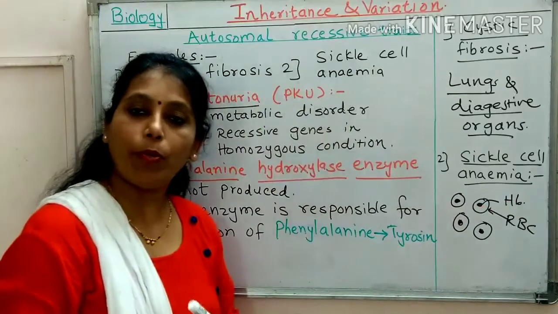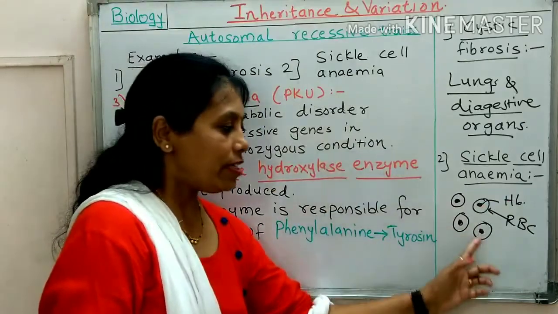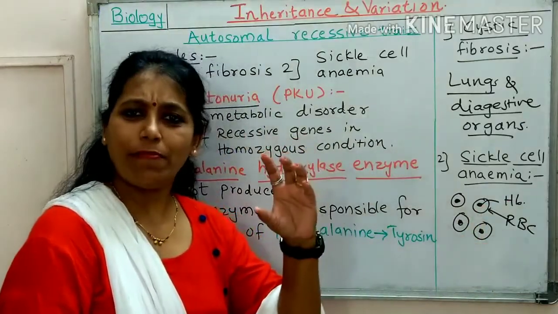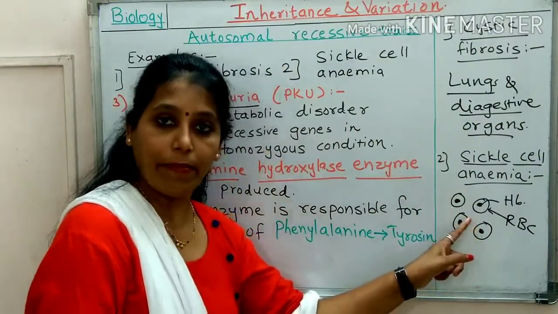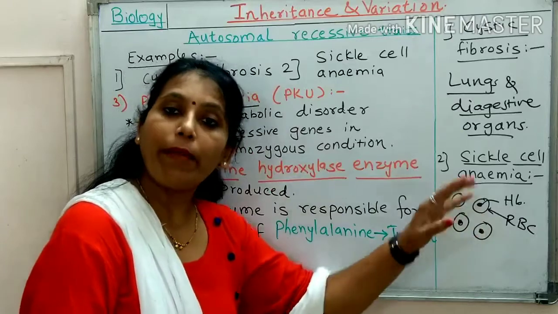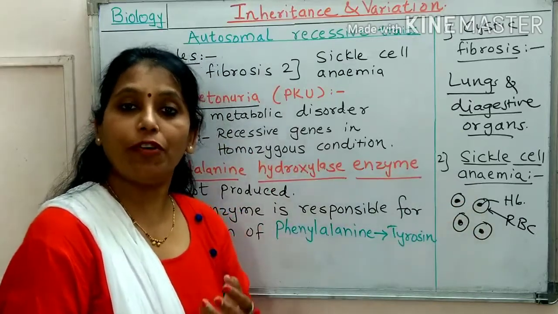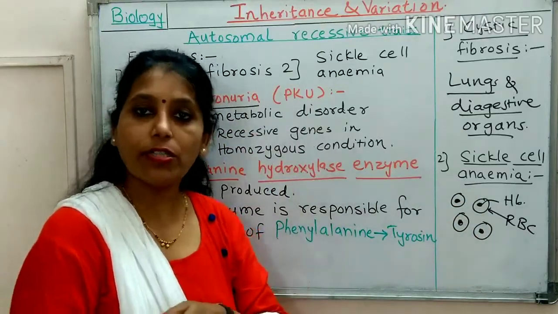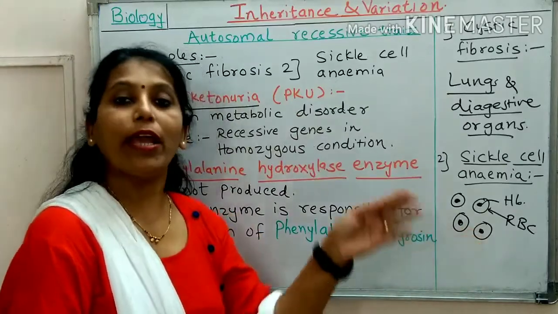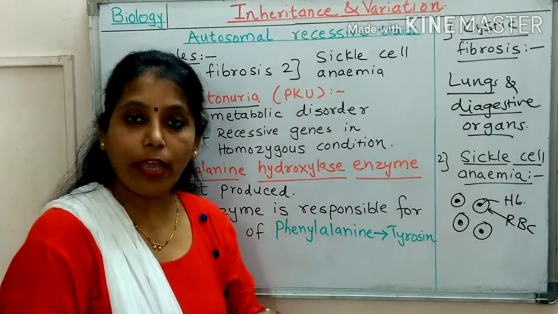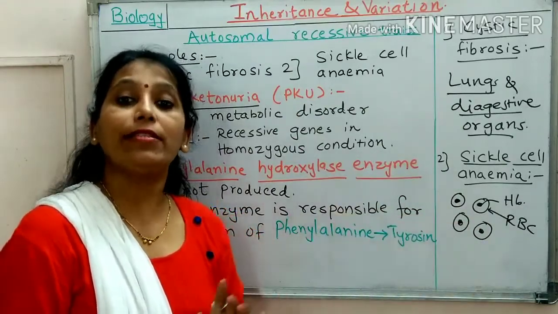Hb stands for hemoglobin. Okay. Normally, the RBCs are oval shaped, biconvex. Inside this, whatever space is available is occupied by hemoglobin. So one of the functions, there are many functions, but one of the functions of RBC is to carry hemoglobin to each and every cell.